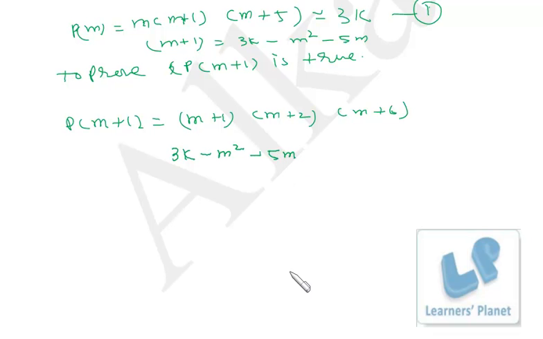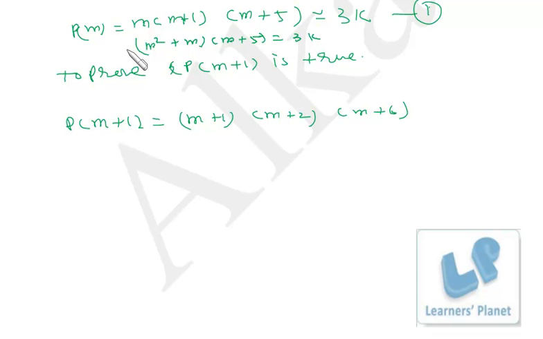Or alternatively, I would suggest the better manner. You just open up the brackets: m plus 1, m plus 2, m plus 5, so that is m square plus m into m plus 5 is equal to 3k, right? I just write down the step over here.